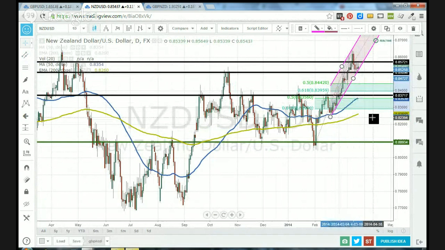Yeah, there's just not enough of a pullback at this point. I really would like to see it fall to 84.42 on Kiwi dollar.